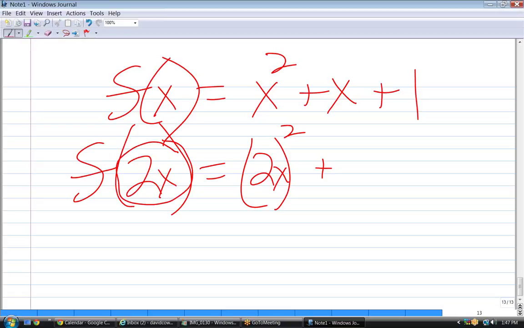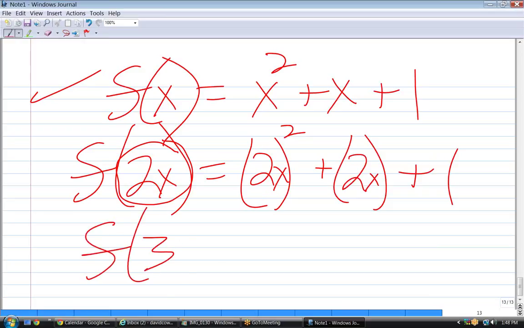That's the only thing you need to memorize, is that if you're given a function in f of x terminology, and then they ask you what is f of something other than x, in other words, this time I'm saying f of 2x, I'm going to plug in 2x wherever I see x. That's the way you do it. If I said, what is f of 3? I'm going to plug in 3 wherever I see x.